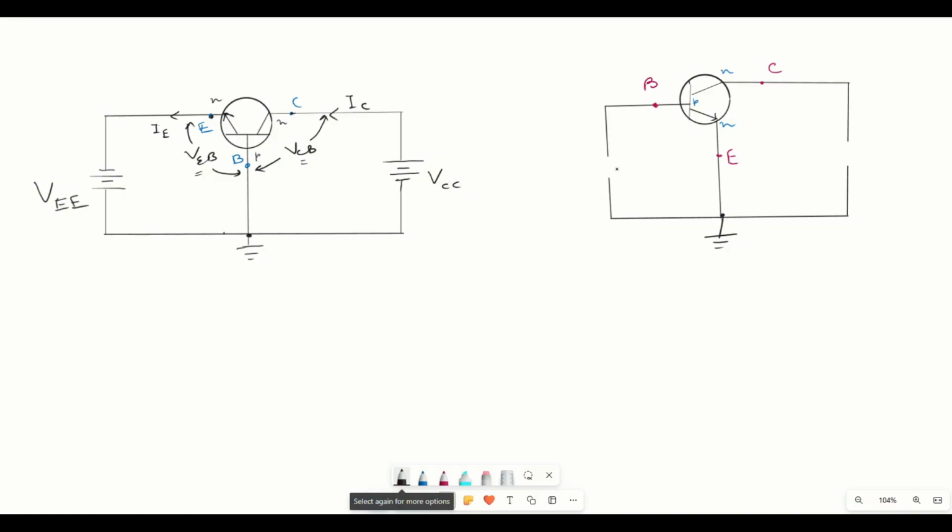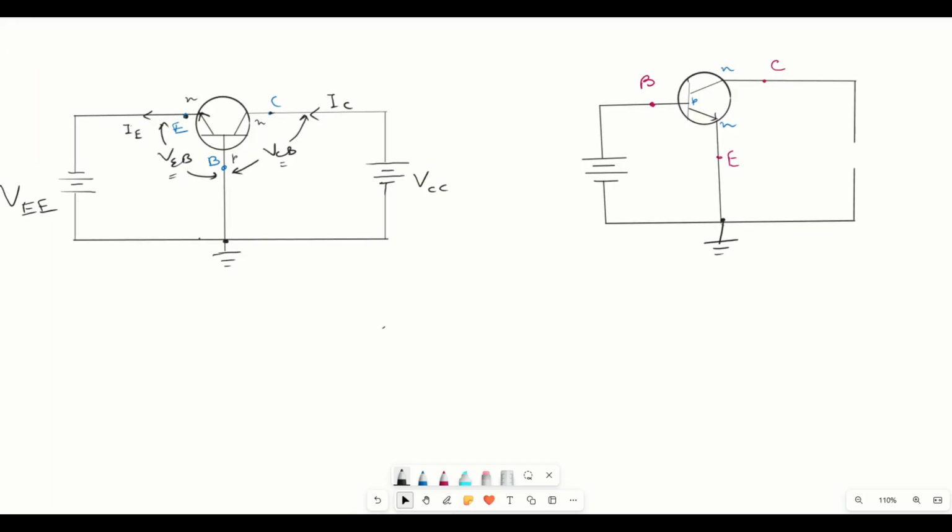In order to give forward biasing across the input, this should be the positive terminal. Then to provide reverse bias across the output, this should be N. So N should be connected to the positive terminal. And now we will be naming this as VBB, and this will be VCC.